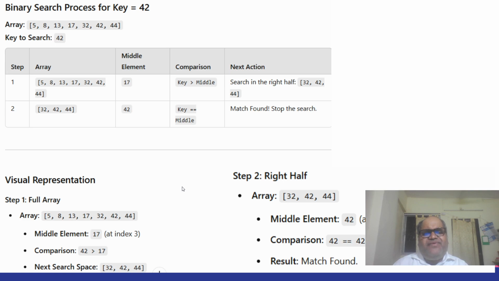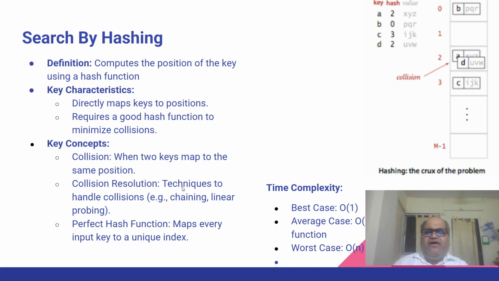So now if you compare your mid element with the key, it is a match, and so you return that yes, the key is found here, right? Okay, very interesting. Now, don't worry, we will do a couple of hands-on exercises in the next video.